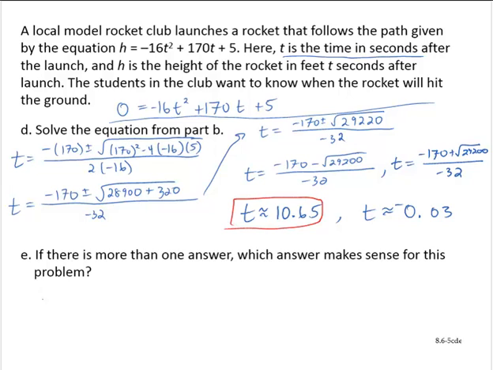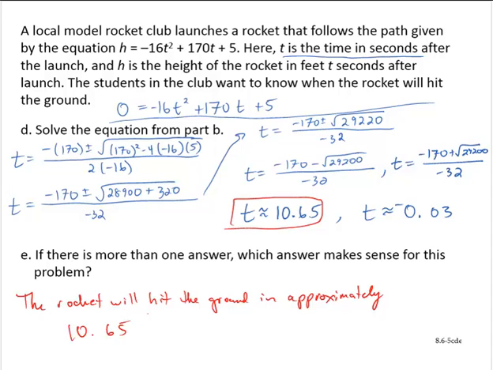And so we could write a conclusion. We could say the rocket will hit the ground in approximately 10.65 seconds.